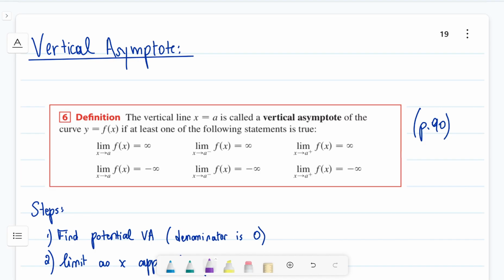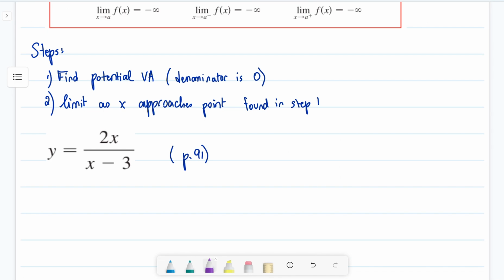So in order to determine if a line is a vertical asymptote, first of all, we need to determine all the potential vertical asymptotes. So for instance, we have this function y equals 2x over x minus 3. To determine the potential vertical asymptotes, let's set the denominator to be 0, and then we will solve for x.